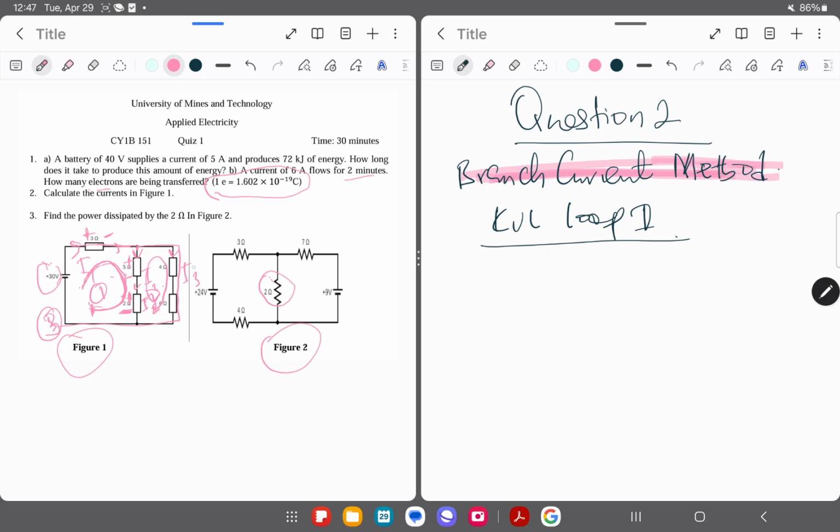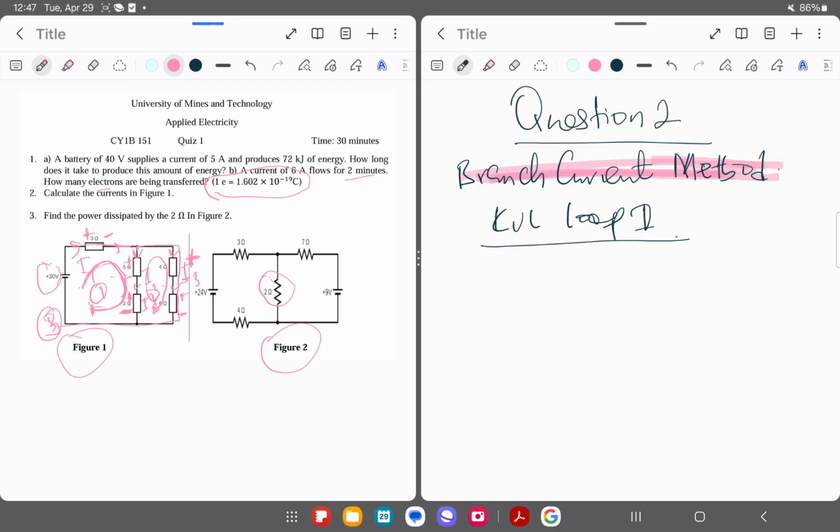You can even go ahead and indicate the other polarities on this one. Here too we can see the current entering, so we have plus here. When it leaves here it is negative. With this, we can even further reduce this circuit diagram.